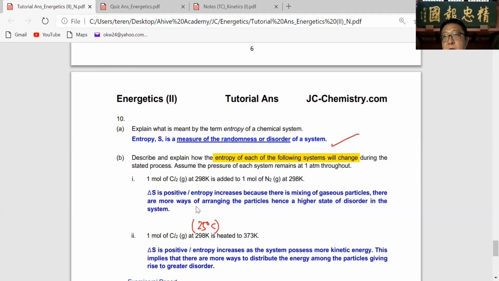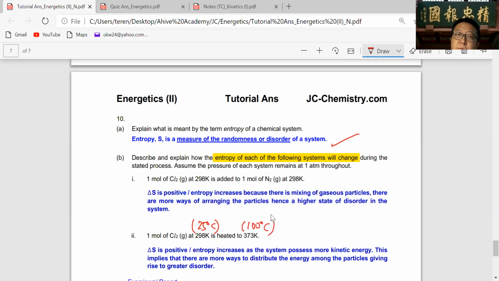A change of state from liquid to gaseous state also increases your entropy. But this one is even more severe. This is talking about a gas at room temperature being heated to 373 Kelvin, 100 degrees Celsius. So chlorine will move even faster.